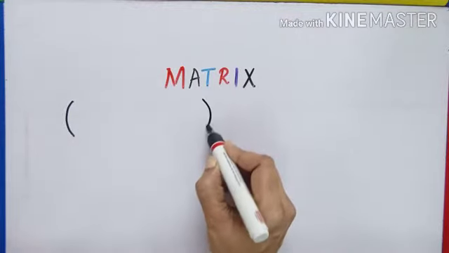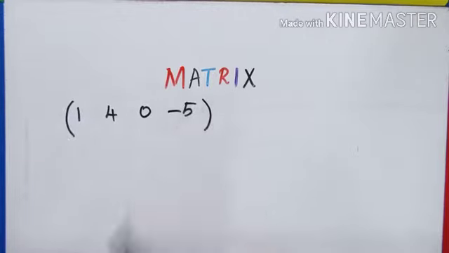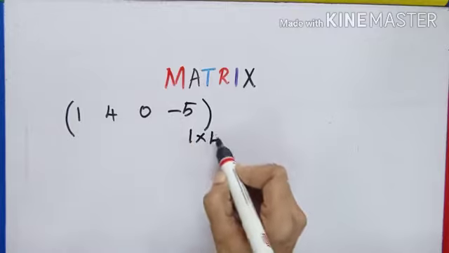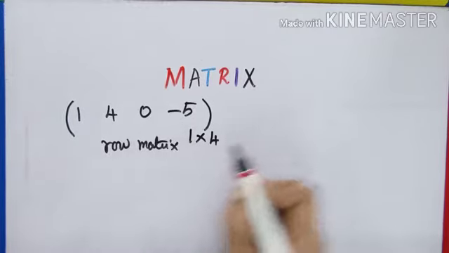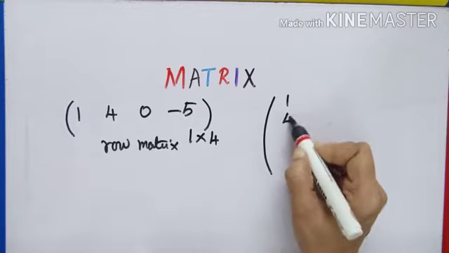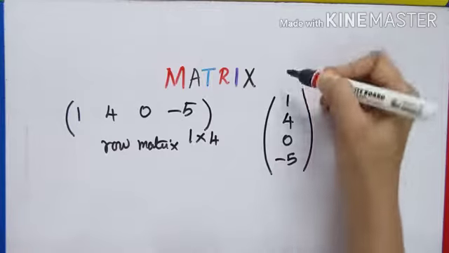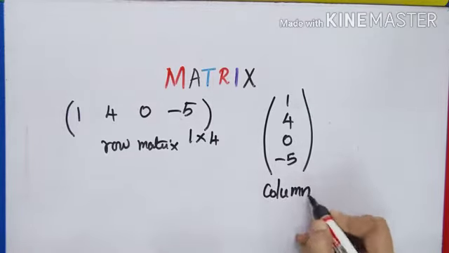Suppose I have only one row and 4 columns. This is called a row matrix. The same idea if I have it like this: there are 4 rows but only 1 column. This is called a column matrix.